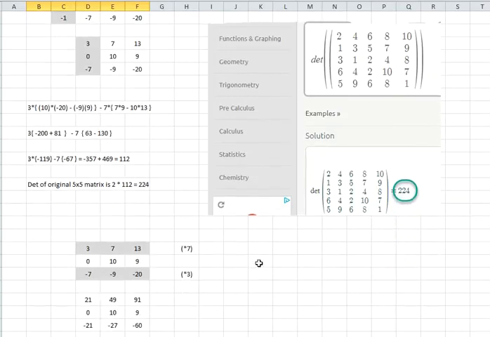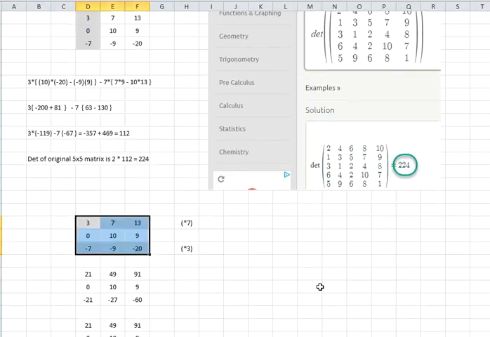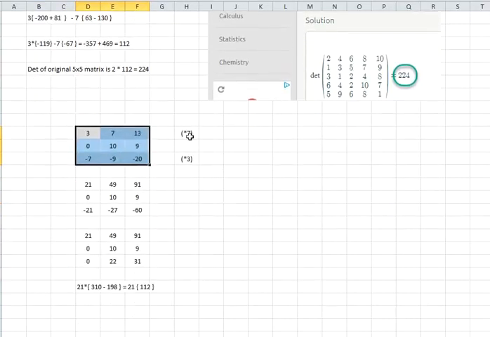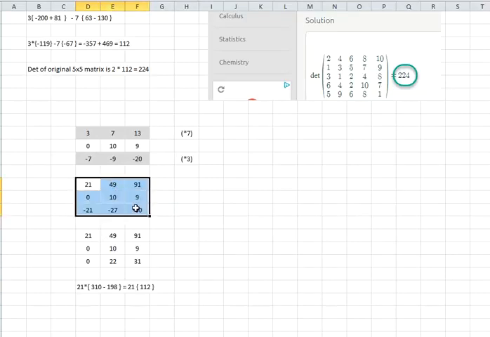Just for more practice with multiplying rows or columns, let's look at this. That's over here. Now I'm going to multiply row 1 by 7 to get this. And I'm going to multiply row 3 by 3 to get this. And now I'm going to just add row 1 to row 3 to get this.